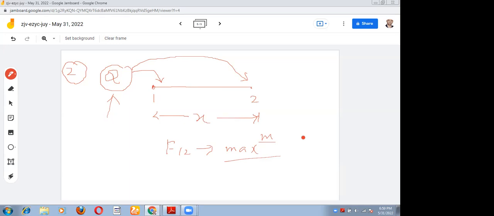Find the charges on particles 1 and 2. You both understood the question?